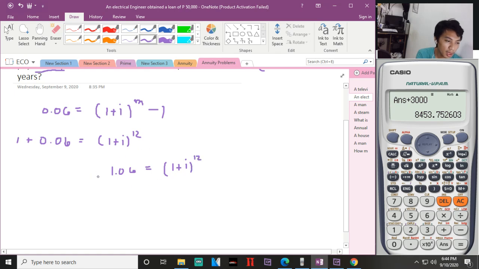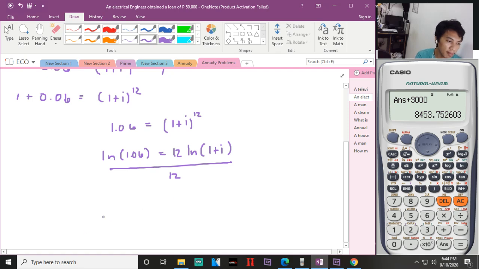Now, i-ln natin both sides para maibaba ko si 12. ln ni 1.06 equal to 12 ln ni 1 plus I. And then we divide both sides by 12 para ma-simplify natin.